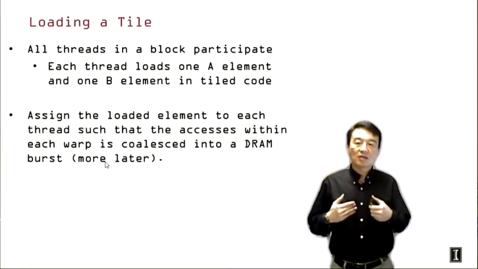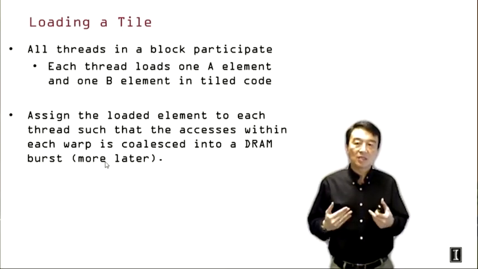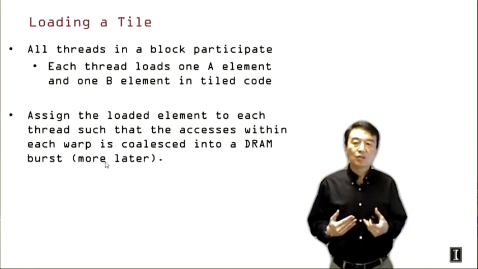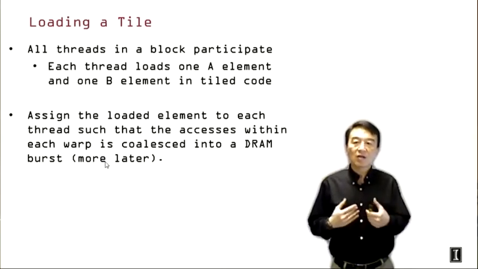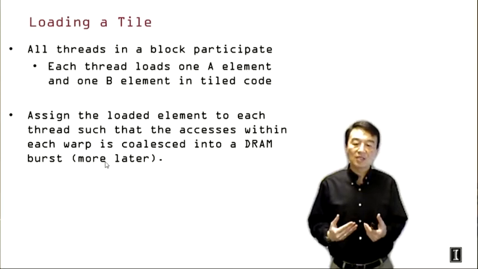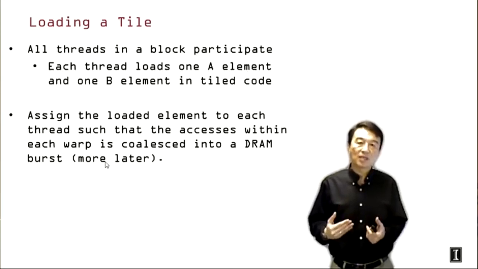As we have divided up the strips into tiles, we can begin to learn how to load a tile into the shared memory. In CUDA, a very common approach is for all the threads in a thread block to participate.